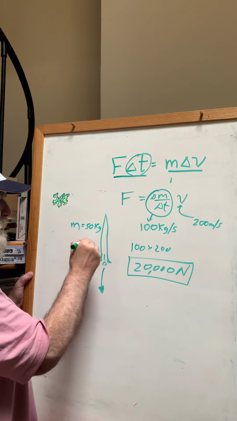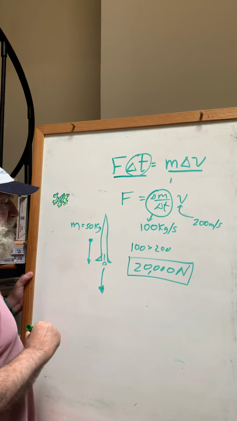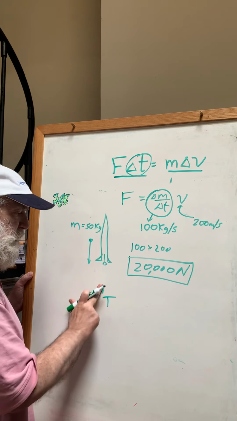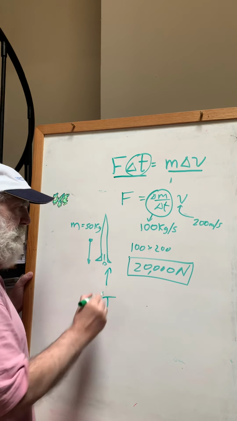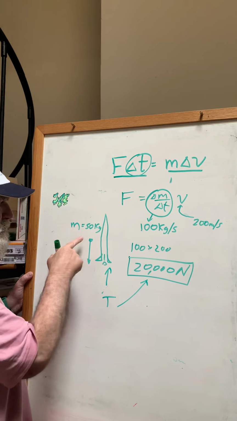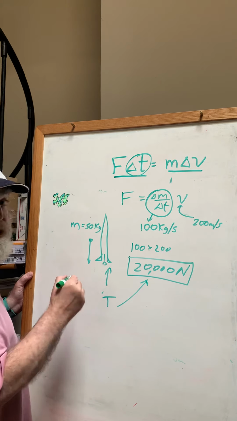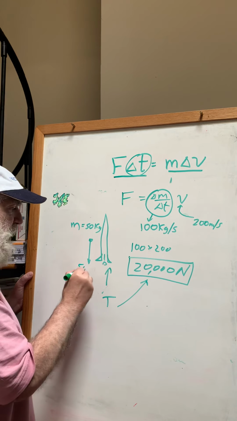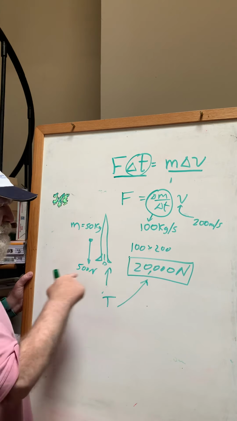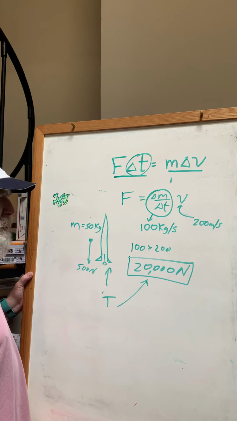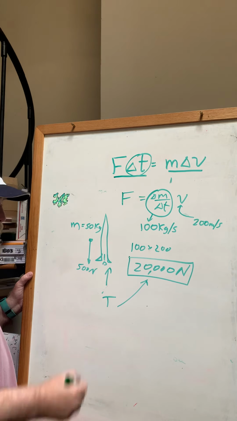So the downward force due to gravity, so here's thrust, equal and opposite, causing the rocket to go up, and the thrust is 20,000 newtons, and the downward force of gravity, with g being 10, would be 500 newtons. So the difference between these two is going to be the total thrust available for acceleration.